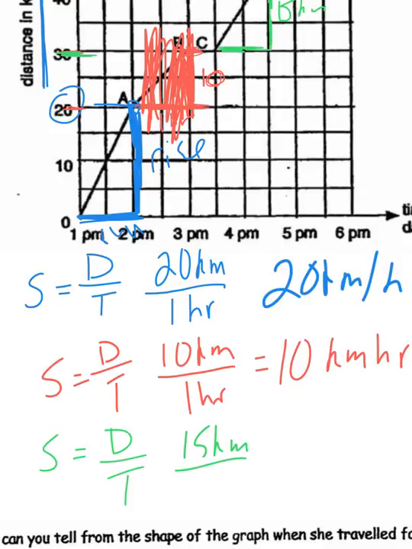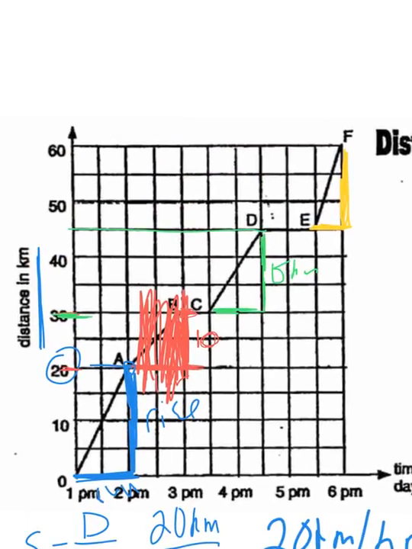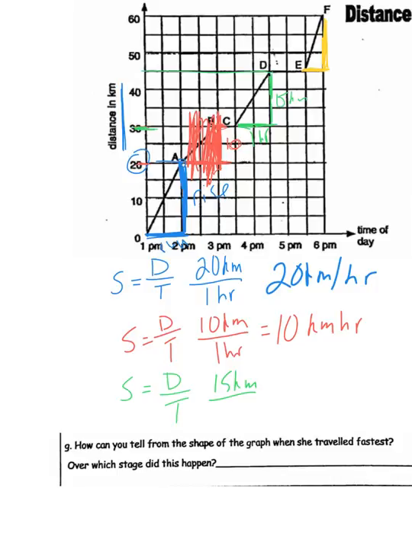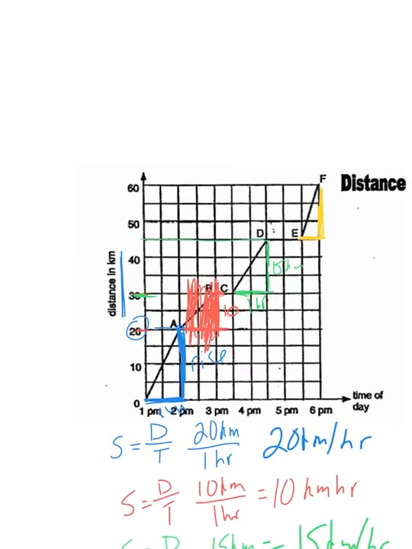And then I want to know how much time went by. Well, once again, it went by 2 boxes, so that's a half an hour and a half an hour. It's still 1 hour. So the green line is 15 kilometers divided by 1 hour. It is a speed of 15 kilometers per hour. Once again, 20 kilometers is faster than 15, so green is not the right answer.